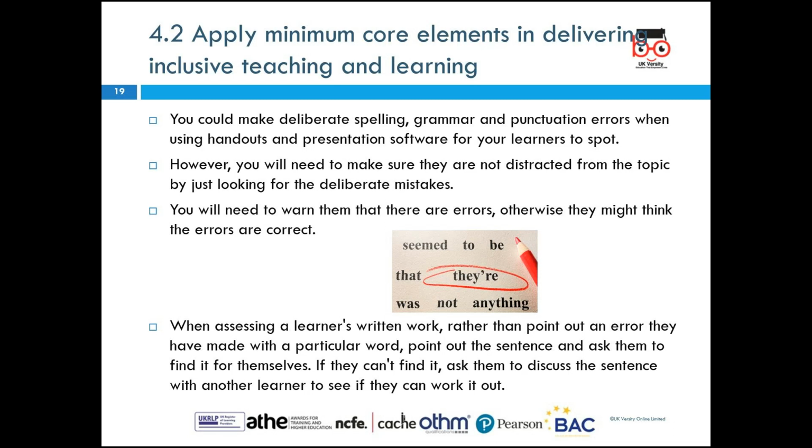If they can't find it, just talk to them about it, and then see if you can get another person sitting next to them and say, oh, okay, do you think you can see that spelling mistake or that mistake that's in here? Then you're engaging them, and they're all looking and reading through the work, and they're trying to find it. If they can't find it at the end, then just help them out and say, oh, here it is, and what do you think is the correct spelling? So there are fun ways that you can do things as well.